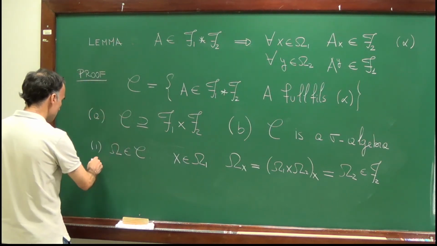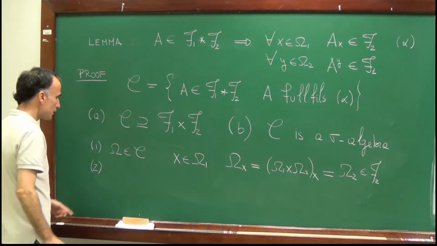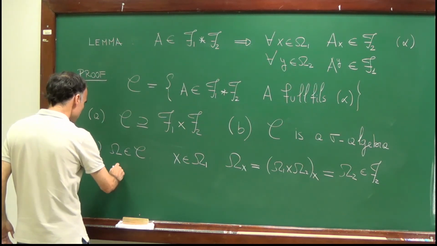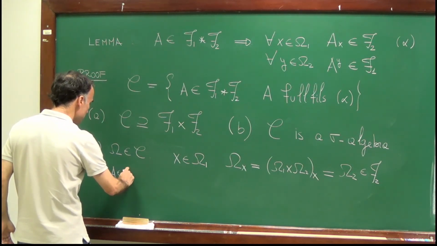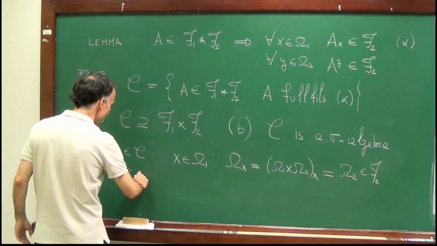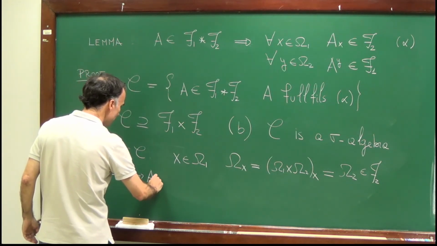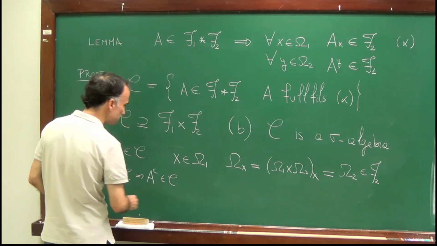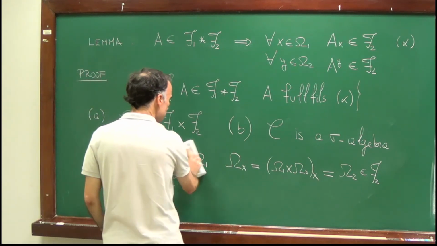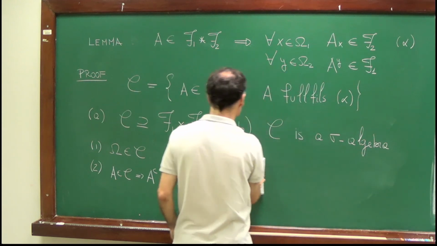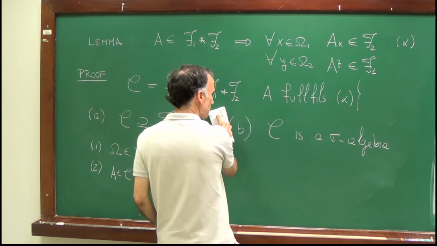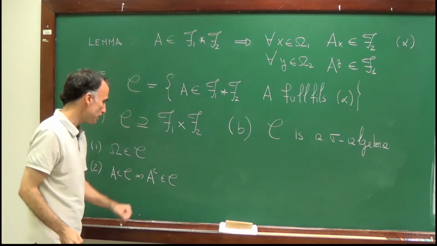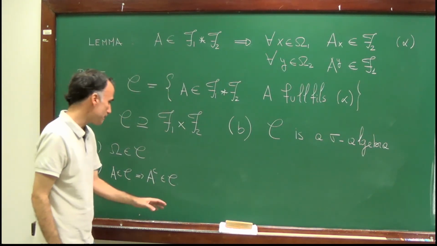Now let's prove the second property. The second property of a sigma algebra is that it's closed by complement. So let's take a set A in C, and I want to show that the complement of A belongs to C. So let me try to prove that in this space.